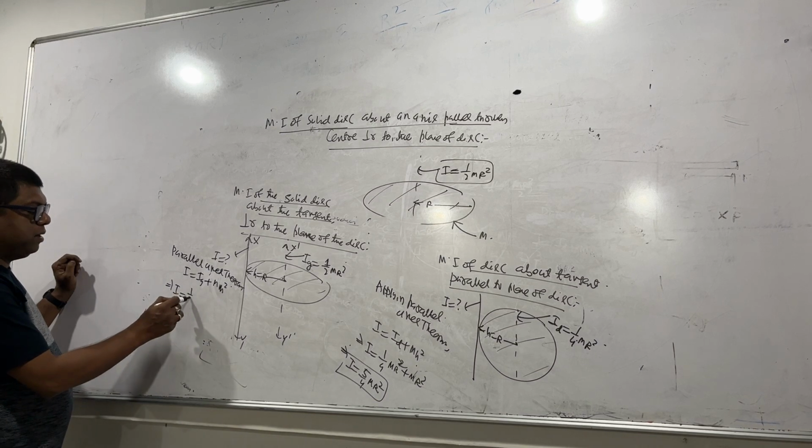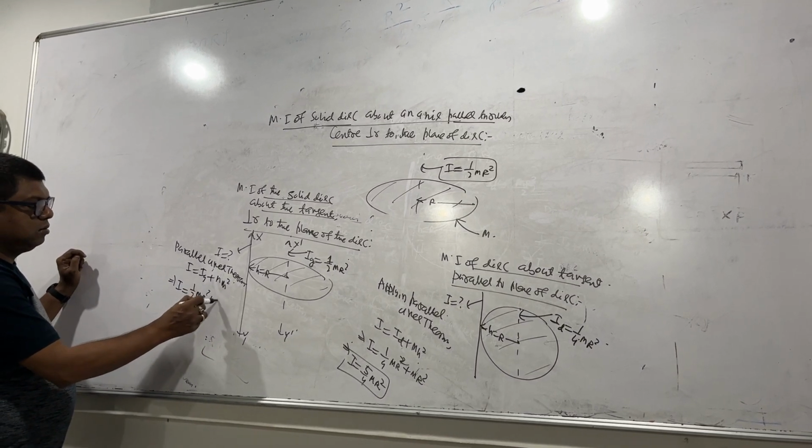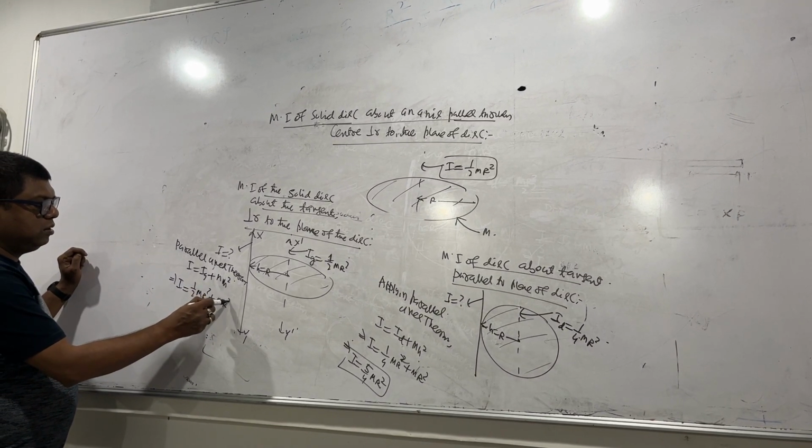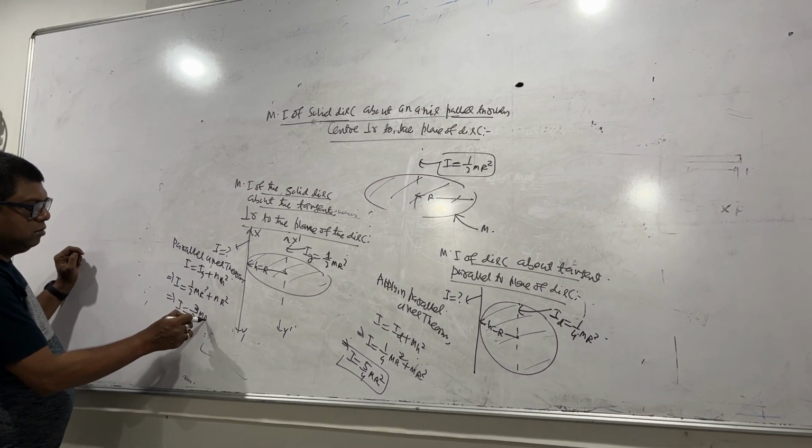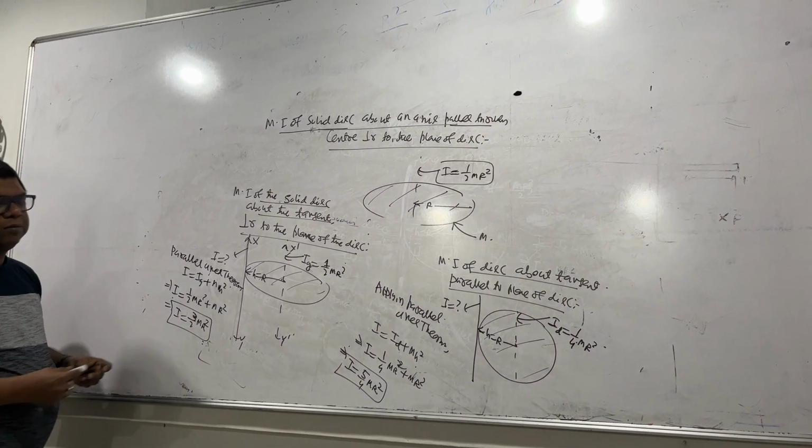IC is equal to half MR square, so I will be 3 by 2 MR square.